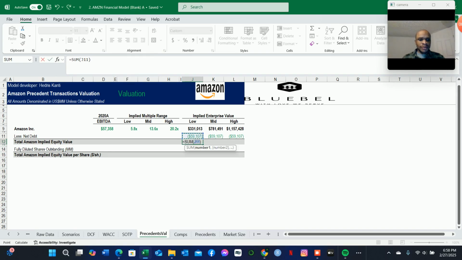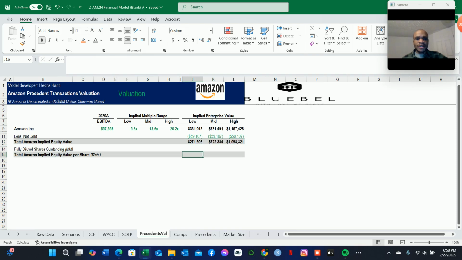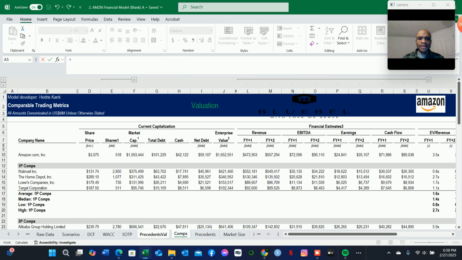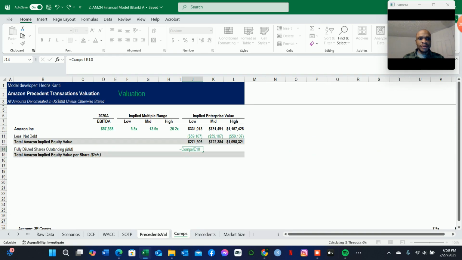So now the implied equity value is going to be the enterprise value less the net debt. Now we can also bring in the fully diluted shares outstanding from the comps tab. 518 million shares.